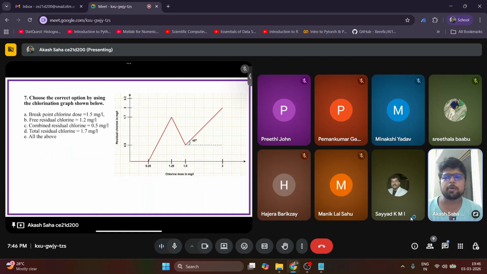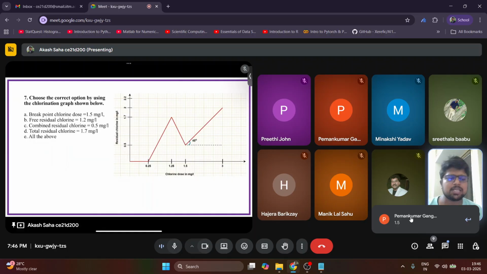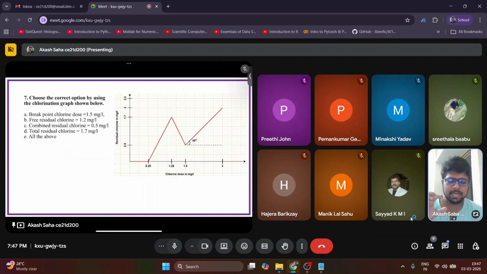What will be my breakpoint chlorine dose? 1.5 mg per liter. Yes, because at 1.5 mg per liter the maximum degradation has happened, and even after everything, there is still some 0.5 chlorine present. So that is the lowest point. At that point, whatever the chlorine concentration is will be the breakpoint chlorine dose. So 1.5.